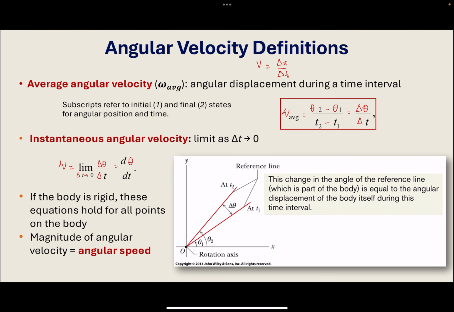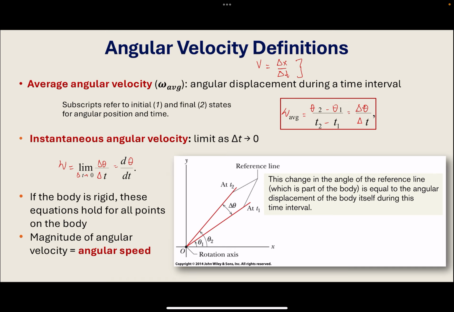Now we move on to an essential concept in rotational motion. We have angular velocity. In linear motion, we define velocity as v equals delta x per delta t. In rotational motion, we have a similar idea, but we replace linear displacement x with angular displacement theta.